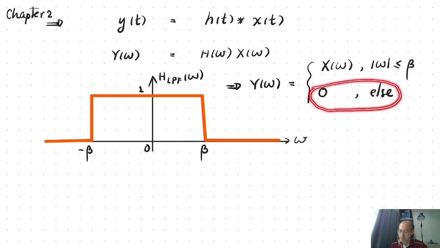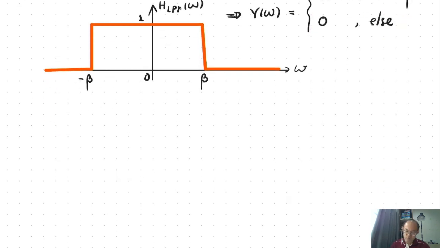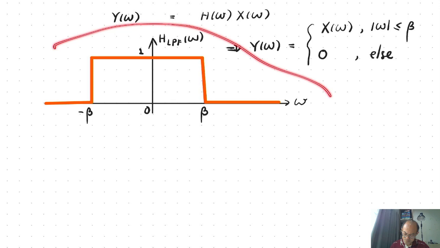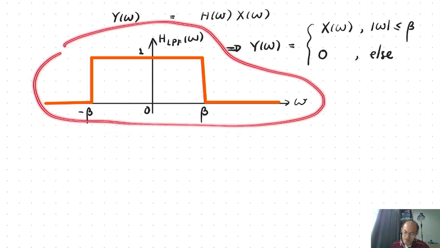The output would be 0 if the frequency is greater than beta. In other words, if the frequency of the input is greater than beta, those components cannot pass through because the output would be 0. So this is the edge of an ideal low pass filter.